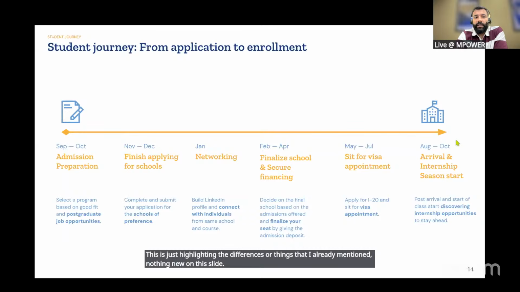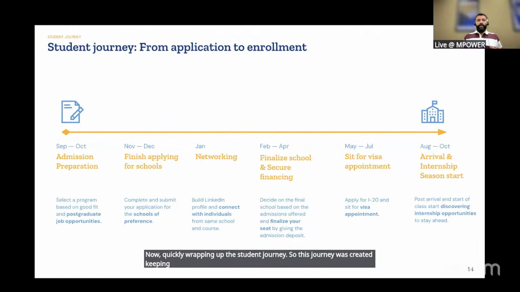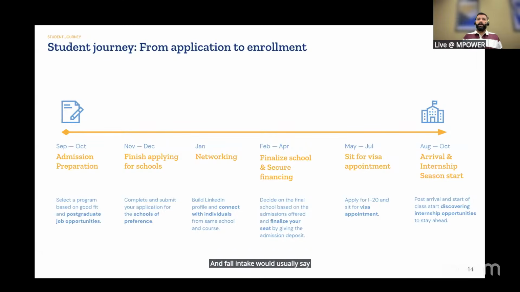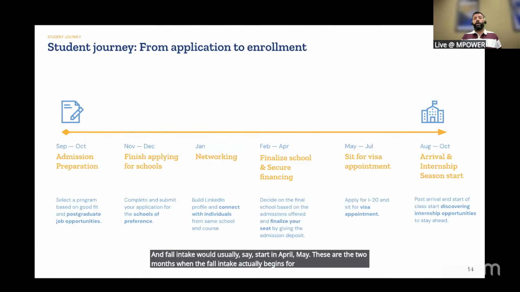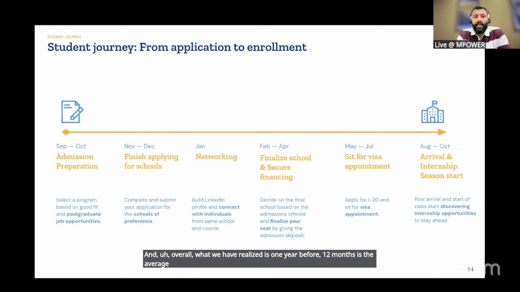Now, quickly wrapping up with the student journey. This journey was created keeping the fall intake in mind. And the fall intake would usually start in April, May. These are the two months when the fall intake actually begins for Empower, or as for international students. And overall, what we have realized is that 12 months, one year before, is the average time a student takes from thinking about studying to actually landing in the US.